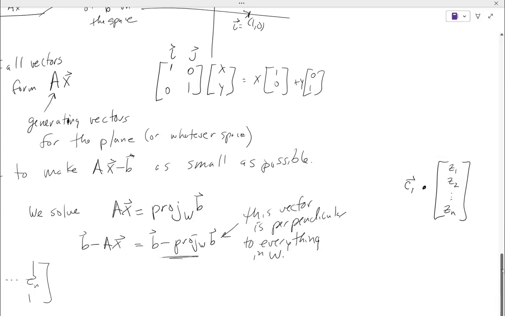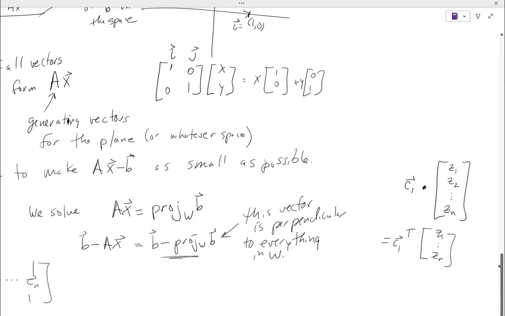Transpose, right? So I can do a dot product by doing the transpose of this times that vector. That's how I can do a dot product. And this is actually a way to define the dot product in terms of matrices. You take the two vectors and you transpose the first one and multiply by the second one, if you think of them as columns.